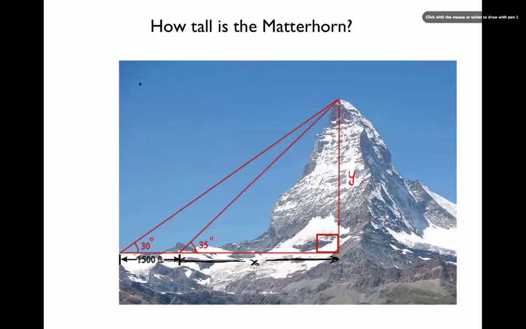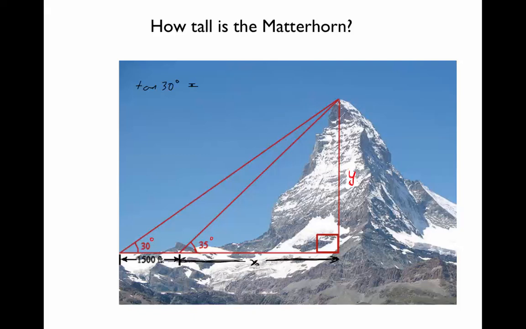So what is tangent of 30? How could we write tangent of 30 for this situation, for this picture? Opposite over adjacent.